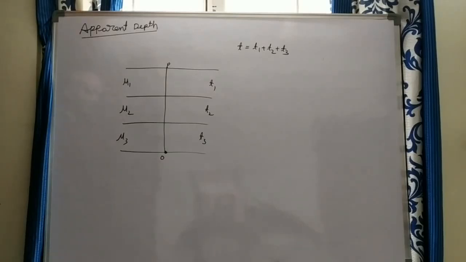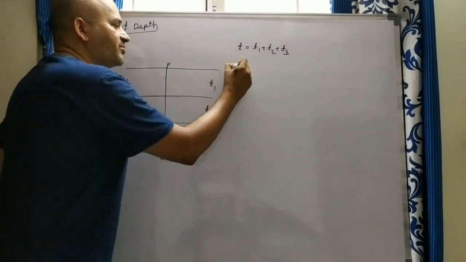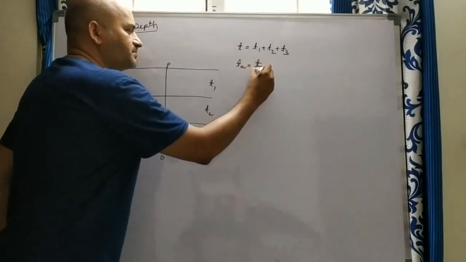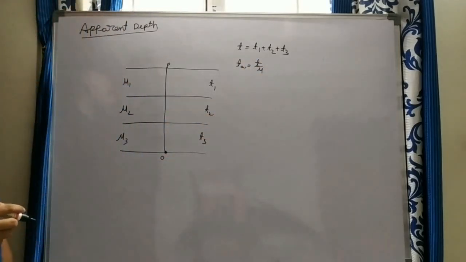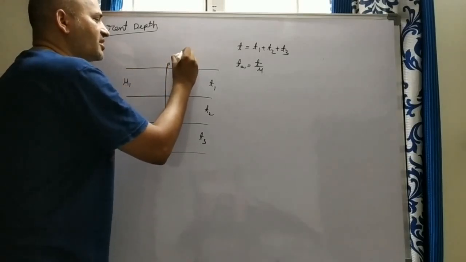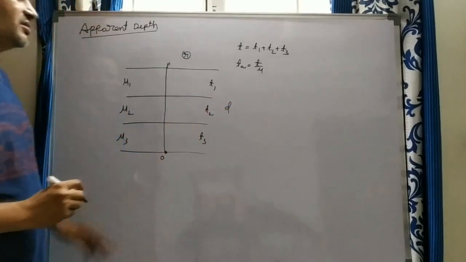What is the apparent depth? According to the apparent depth formula, T apparent is equal to T by mu. So when the person observes from a rarer medium and these media are denser, you can take it like this. These are rarer and these are the denser media compared to that.